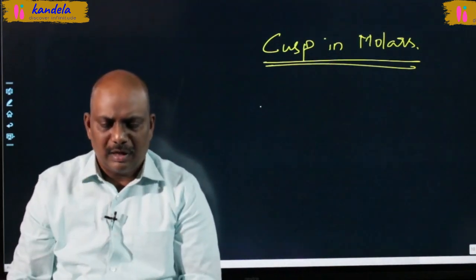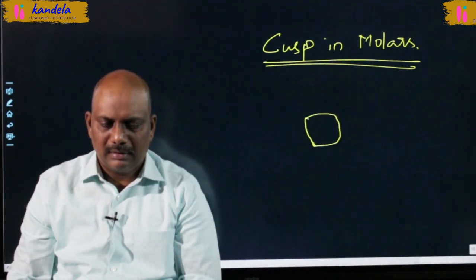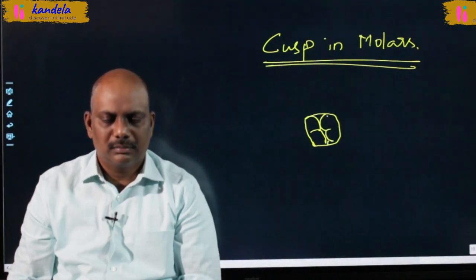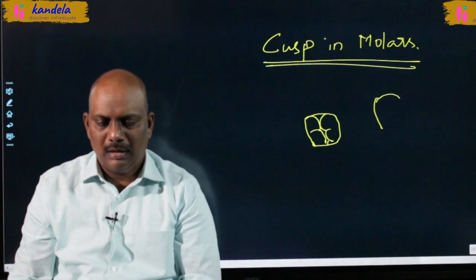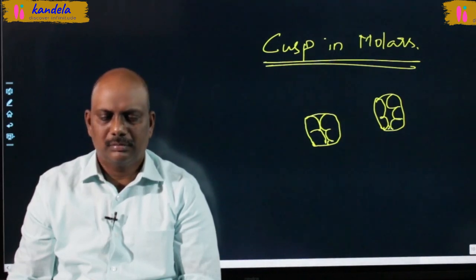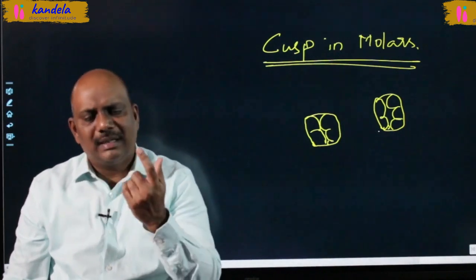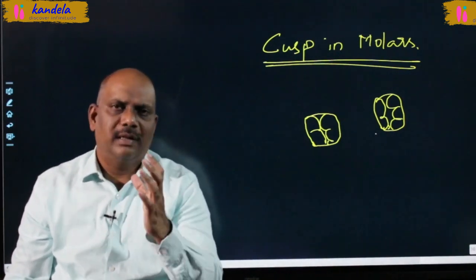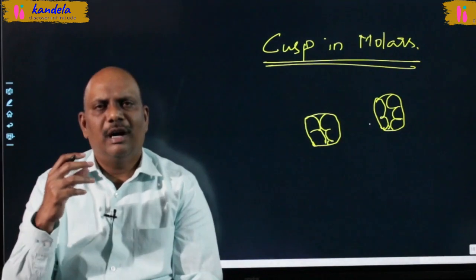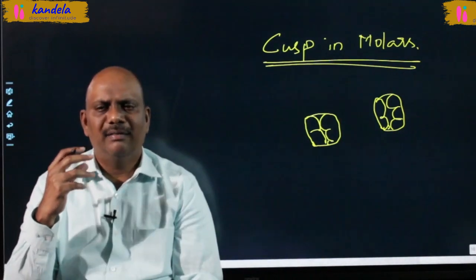On the top of the teeth, it will be like this. In the molar, generally we have 5 cusps. Australopithecus also have 5 cusps in the teeth, but the arrangement of these cusps reveals a primitive pattern.